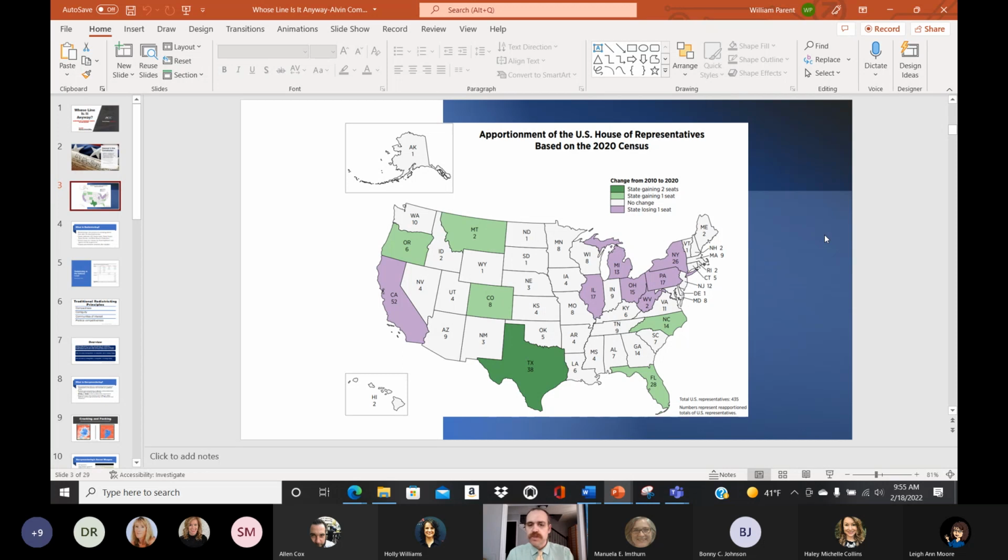U.S. House of Representatives. And I think many of us are probably aware that students' ability to interpret graphs or charts or maps is suspect at times.